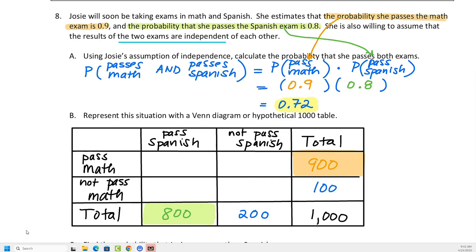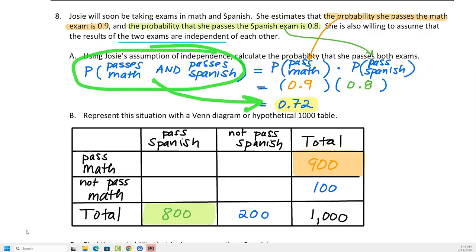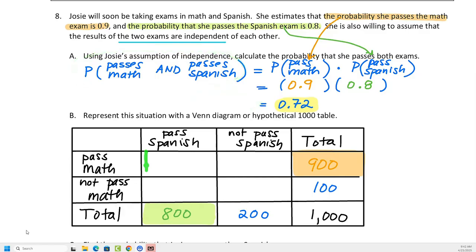And then we just found over here that passes math and Spanish is 0.72. In my table, passes math and Spanish is this section right in here. Oftentimes we just call that cell 1. I'll highlight that in yellow since I highlighted it in yellow up above. And so that'll be 0.72 of 1000, or 720.